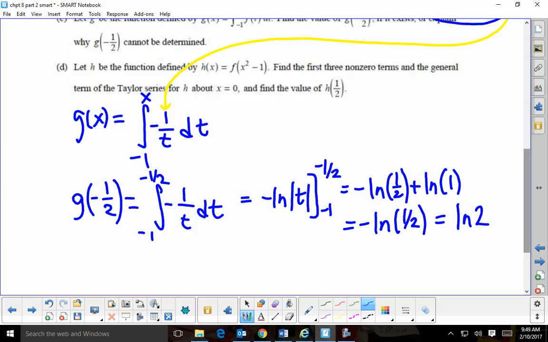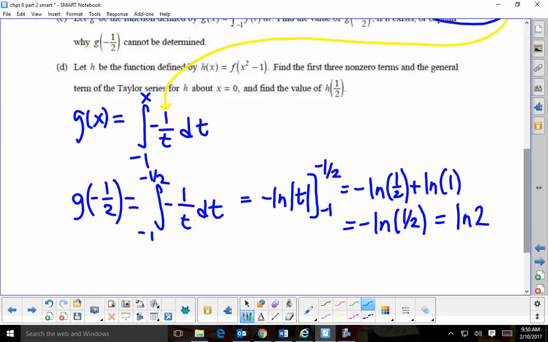The ln rule with the power. So you can bring up negative 1. Either way, I don't care. You don't have to read this. Everybody good on part C? Maybe one more time for that.